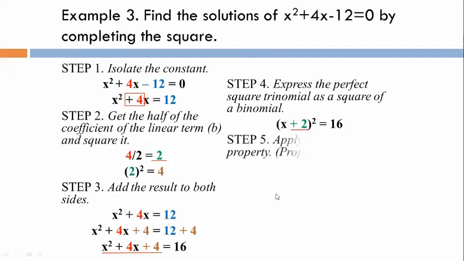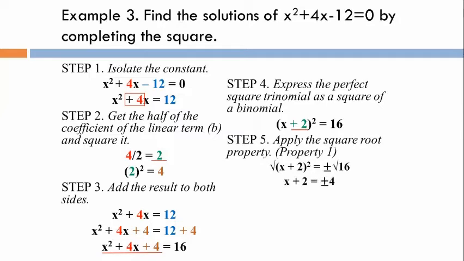Then we apply step 5. Apply the square root property. Property 1 because the value of k is greater than 0. With that, we take the square root of both sides. Then x plus 2 is equal to positive negative 4, then we simplify. We now have x is equal to positive negative 4 minus 2.